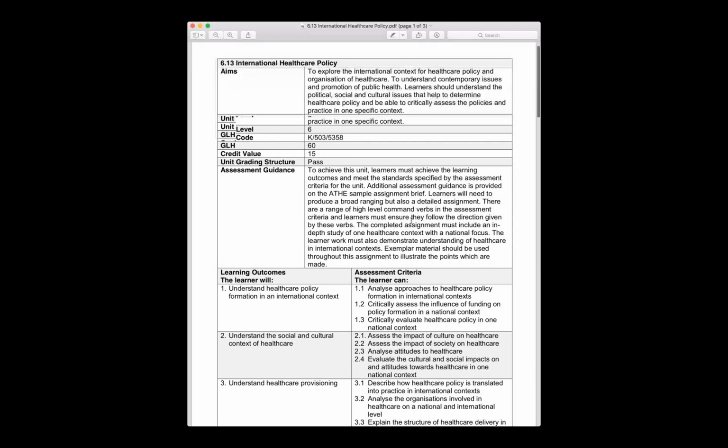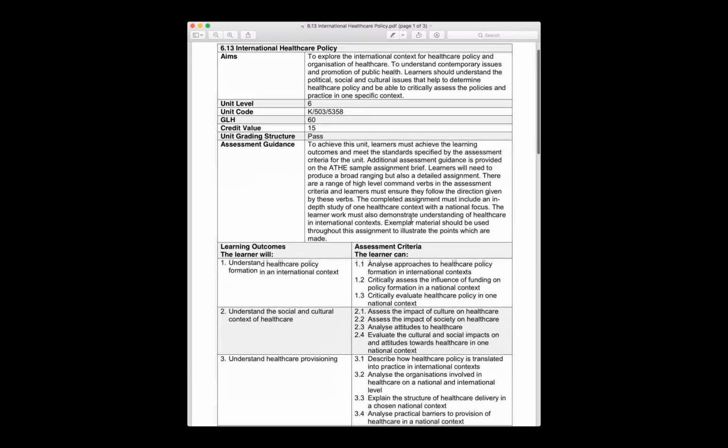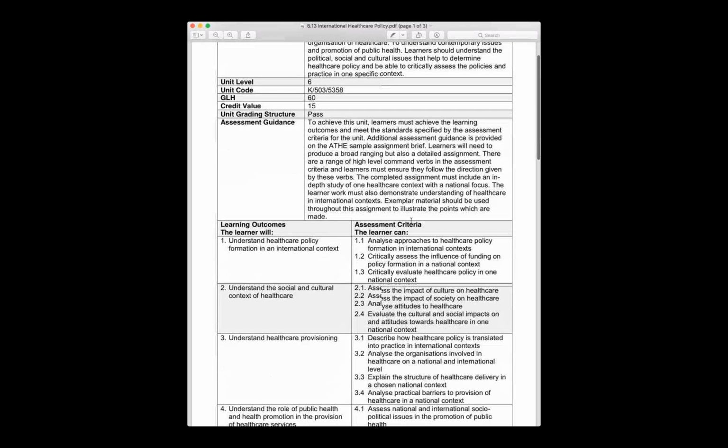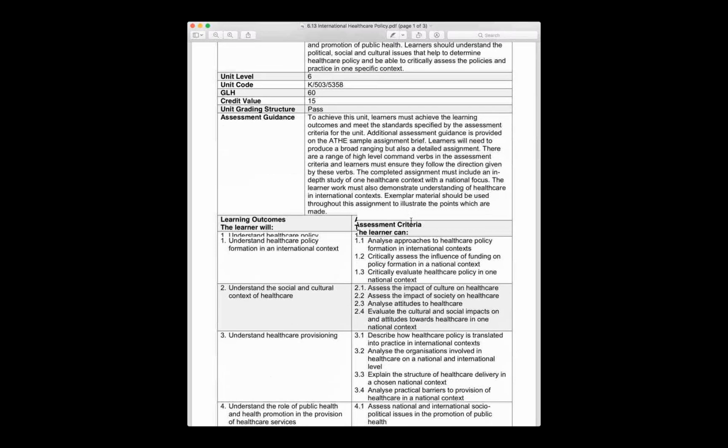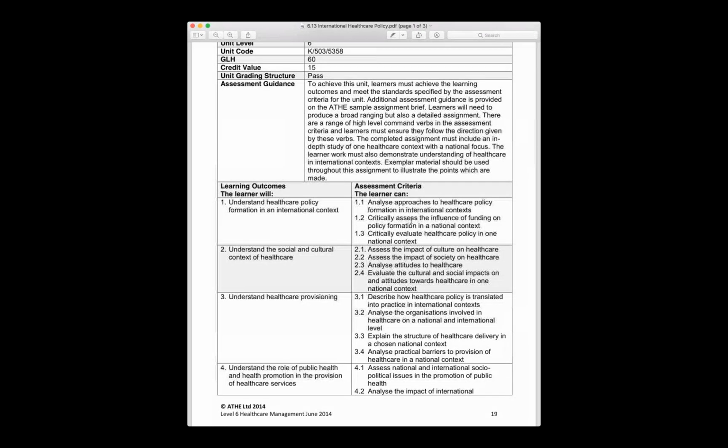Now, the overarching view, a bird's eye view of this unit, is that we are focusing on the context of ATHE. That means studying healthcare policy from the perspective of a particular country.